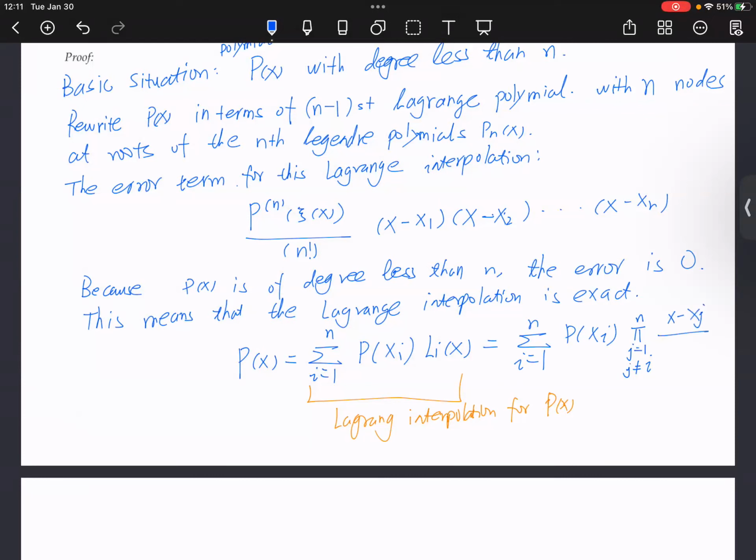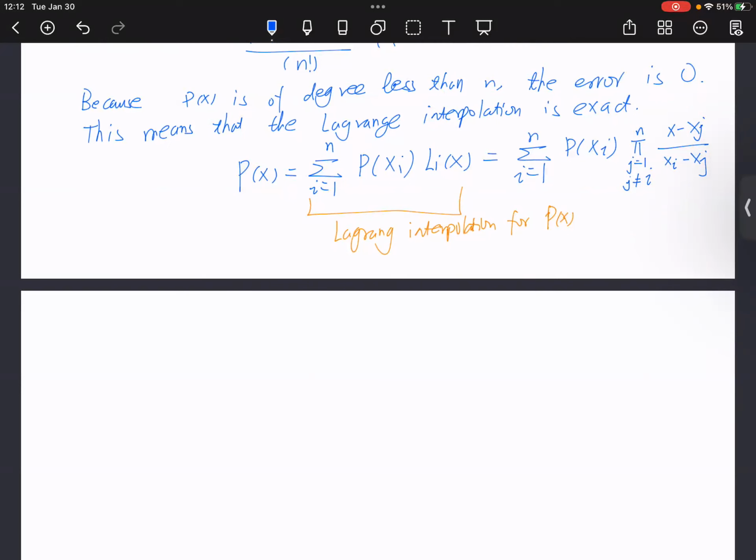This is the basis function for the Lagrange polynomial. We vary the j index here, but j cannot be i. And this is the Lagrange interpolation here.